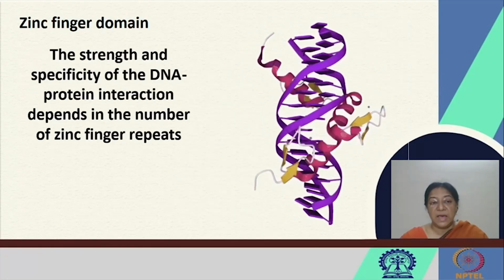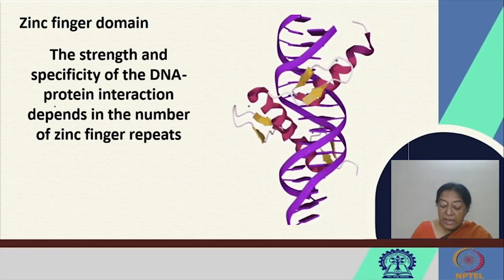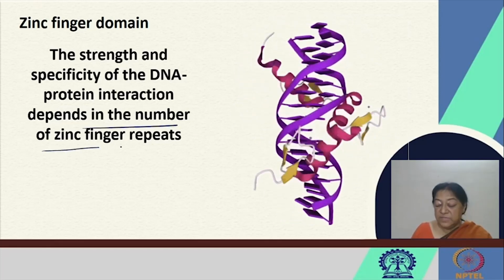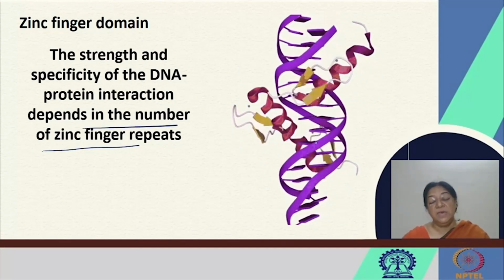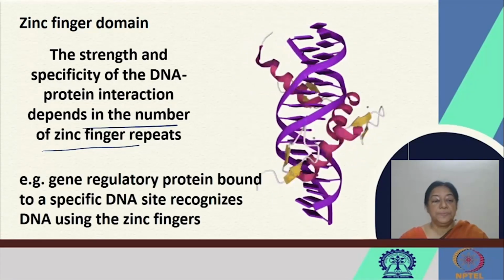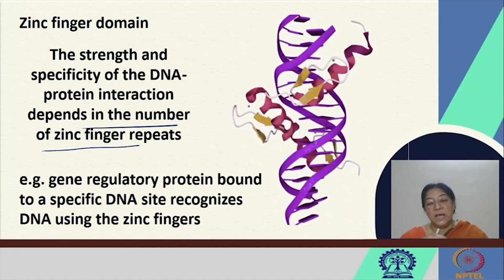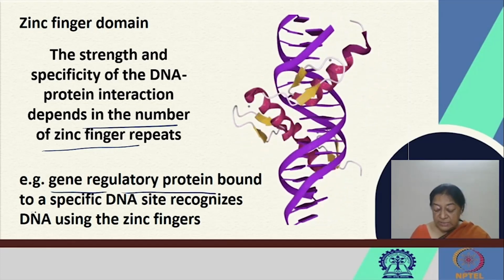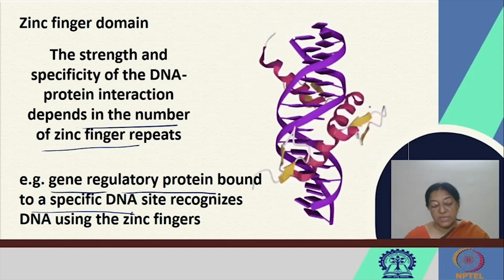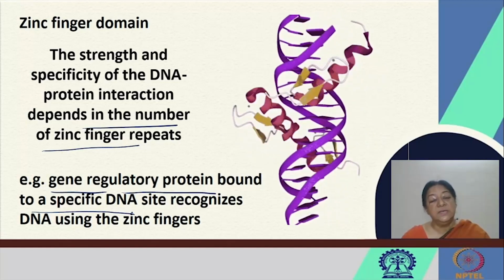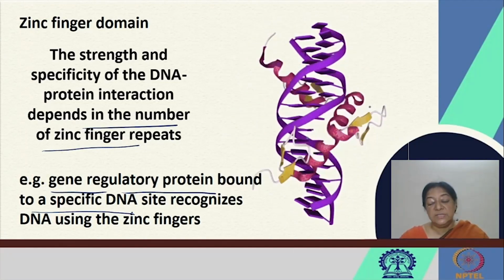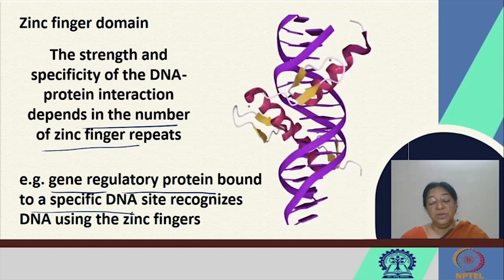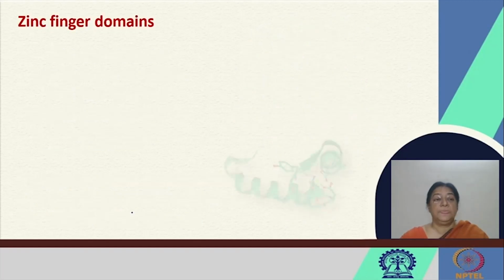And the strength and the specificity depends on the number of these zinc finger repeats that we have in the recognition site. This is an example of a gene regulatory protein that is bound to a specific DNA sequence using these zinc fingers. So these are found in gene regulatory proteins.